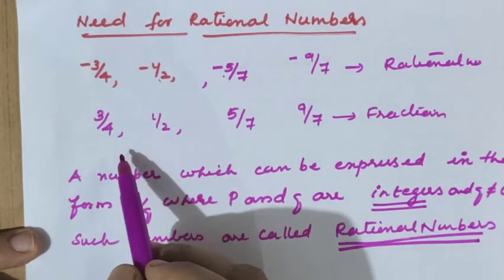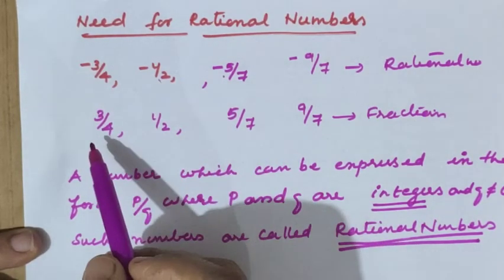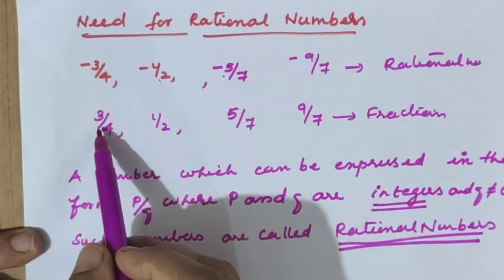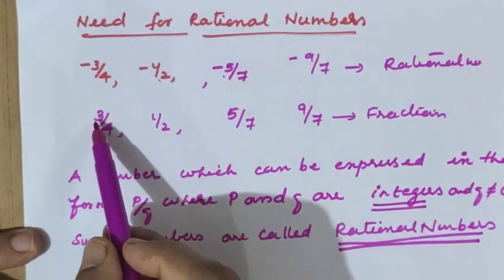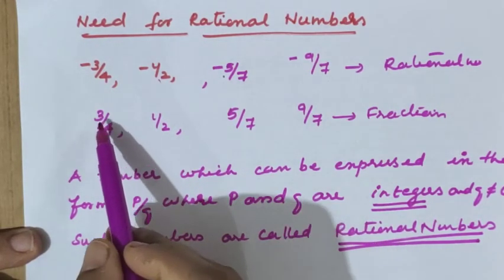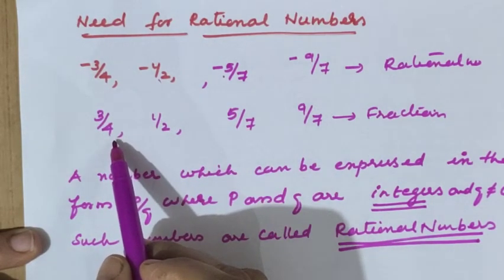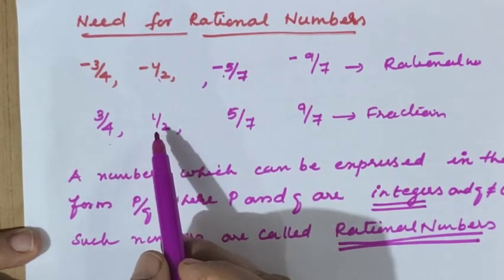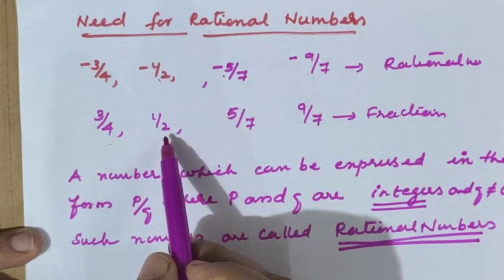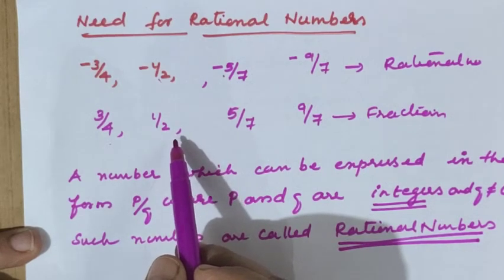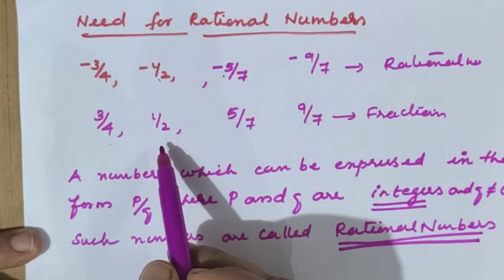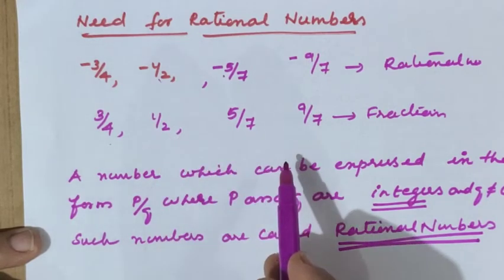Similarly, 3 by 4 is a fraction, and it is in the form P by Q. In terms of a rational number, the numerator and the denominator are integers. 3 and 4 are definitely integers. And what about the denominator Q? That is not equal to 0. Similarly, 1 by 2. 1 is in the numerator, 2 is in the denominator. Both are integers and the denominator is not 0. So we can say that it is also a rational number.